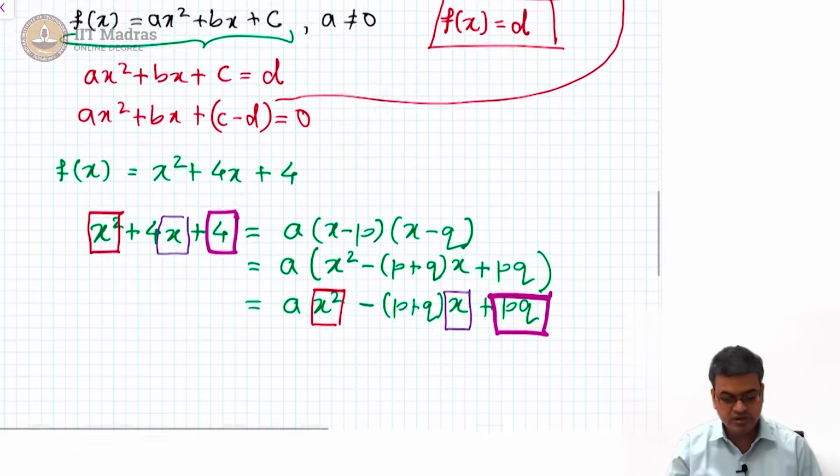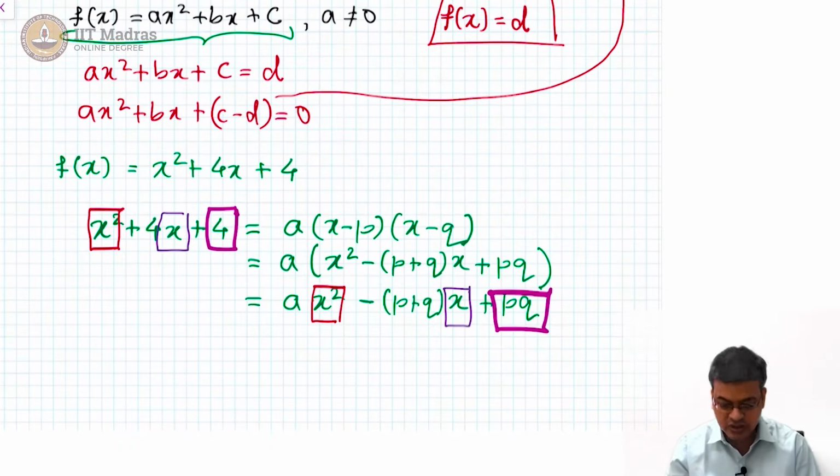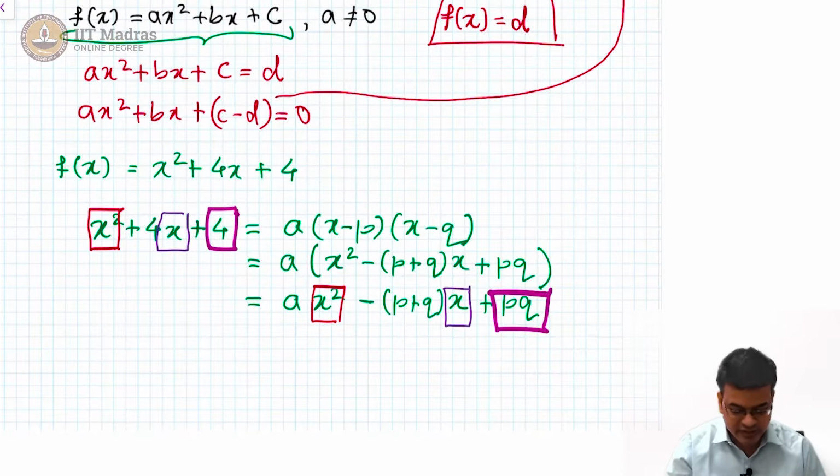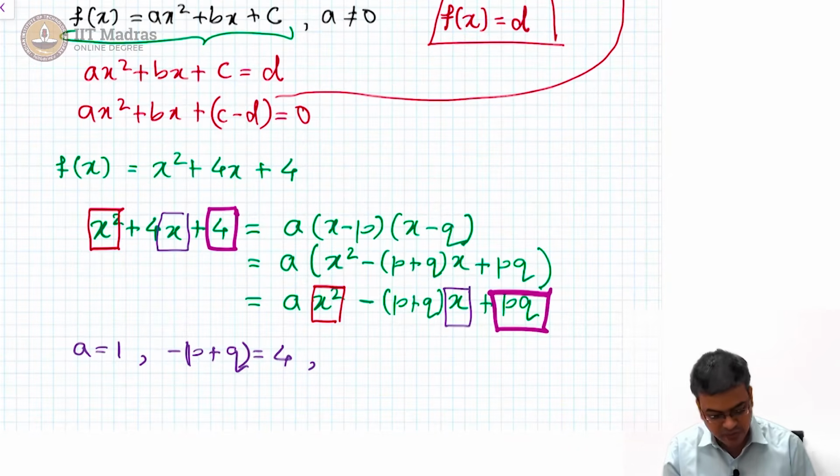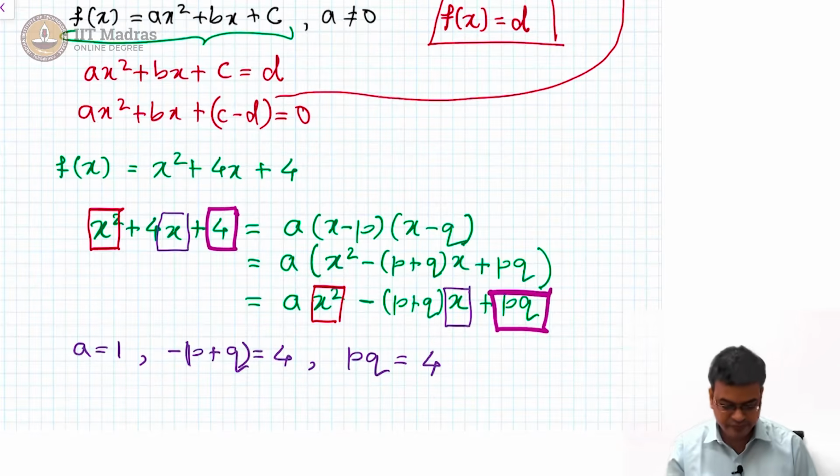This is how my cookbook procedure will look like. So let us do that. The first thing gives me a is equal to 1. The second thing gives me minus (p plus q), let us be precise, is equal to 4, and pq is equal to 4.